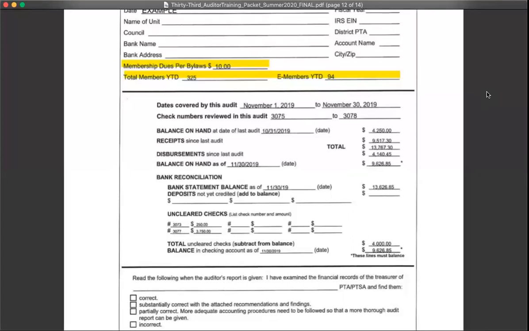It's all the same information, just put into a different format. But the ending balance should be the same for the treasurer report and the bank rec and the audit. And so receipts, and this all reconciles to the ledger report that we just looked at. And I'm including these so that you can look at it later and relate what goes where. And so the balance on hand should look familiar as the 962685.